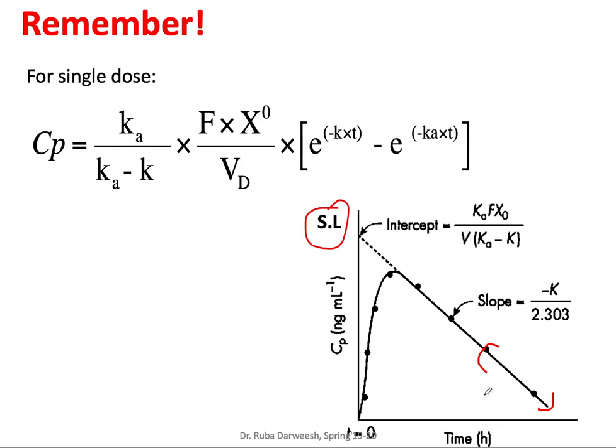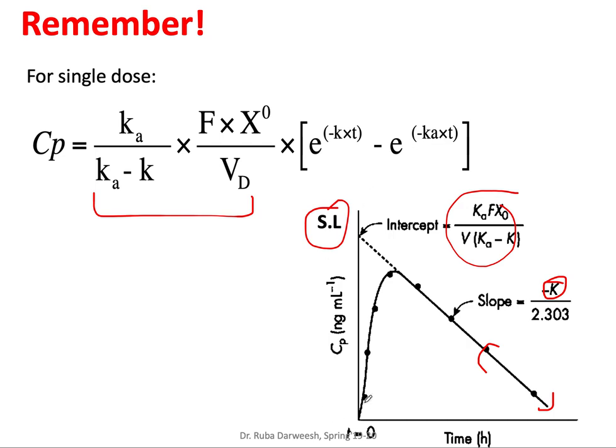We waited to reach the terminal phase to make sure that I am only talking about elimination, so we can determine the elimination rate constant, and by extrapolation determine the intercept, which is the overall constant that we have here. And this was our concentration equation, in which we have the constant multiplied by two exponential terms, one related to elimination and one related to absorption.